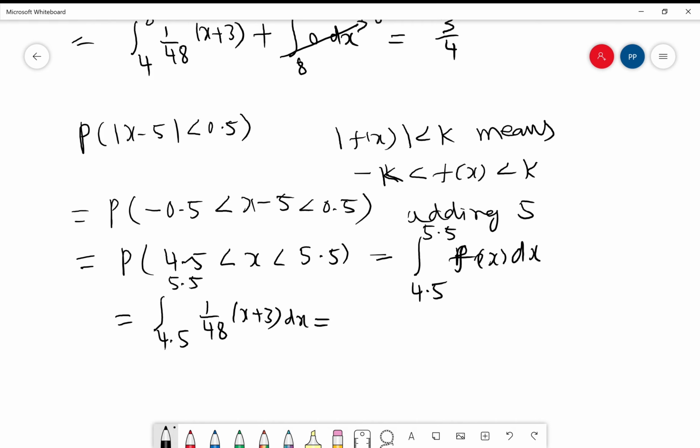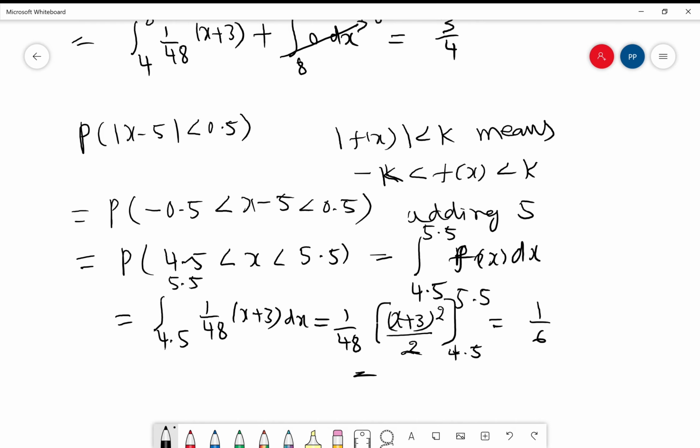Integrate 1 by 48 into x plus 3 whole square by 2 between limits 4.5 and 5.5. So same as the previous one, only the limits are different. Simplify, taking limits, you are getting it as 1 by 6.